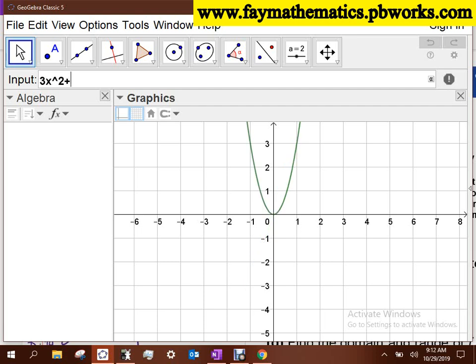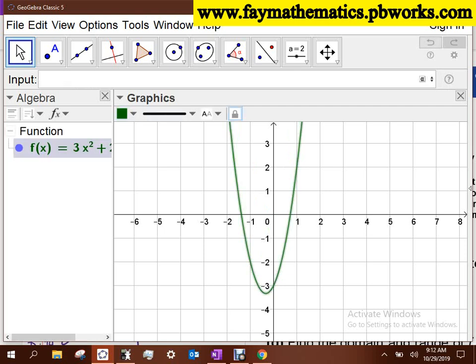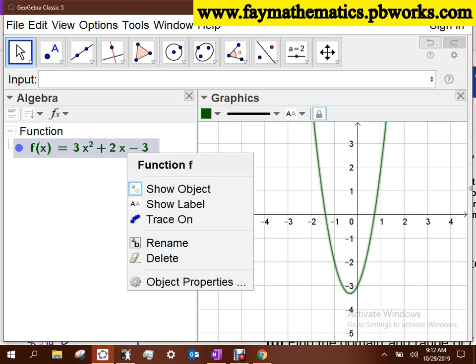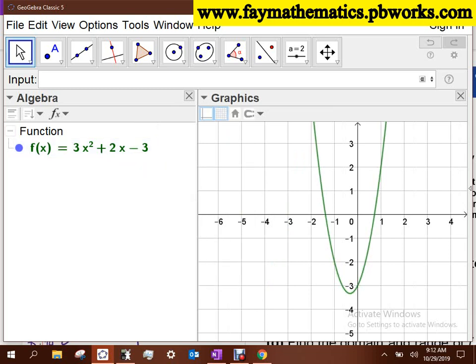I don't know if it'll do it for this one. I right-click on it, and here it doesn't allow me to do it on this one, so maybe I do it this way.